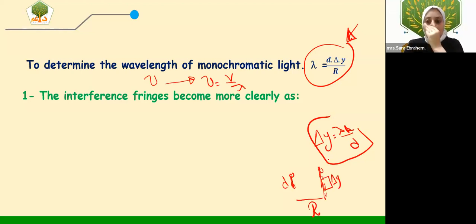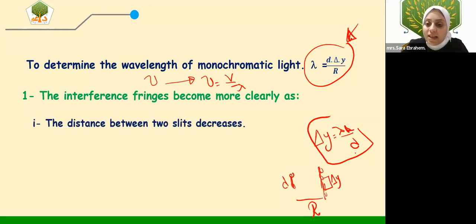So delta Y is inversely proportional to the distance between the slits.